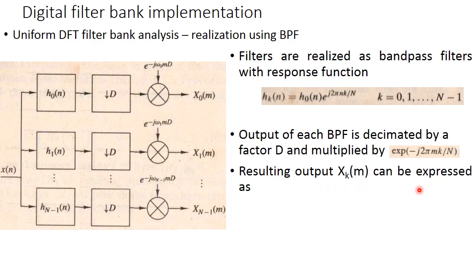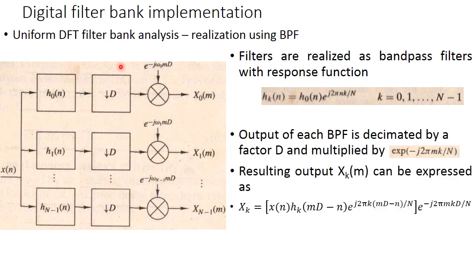The resulting xk of m can be expressed as x of n, that is the input, and e raised to minus j 2 pi mkD by N due to this factor, and then there is a decimation process in which it differs as hk of mD minus n into e raised to j 2 pi k mD minus n divided by N, because the earlier response function is h naught of n into e raised to j 2 pi nk by N, but here we have the decimation process also.